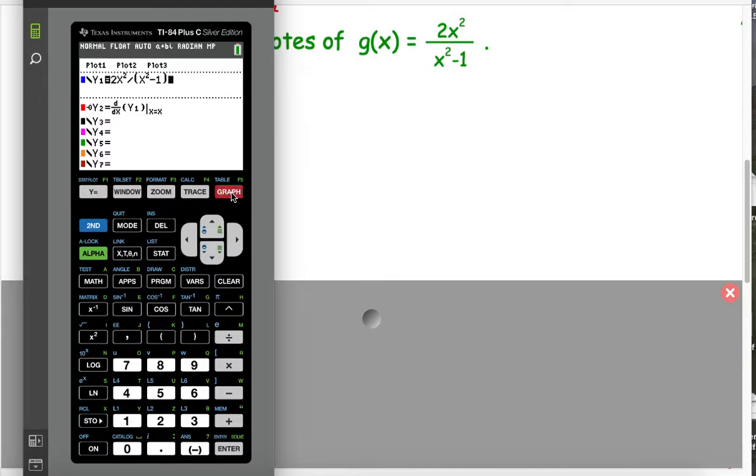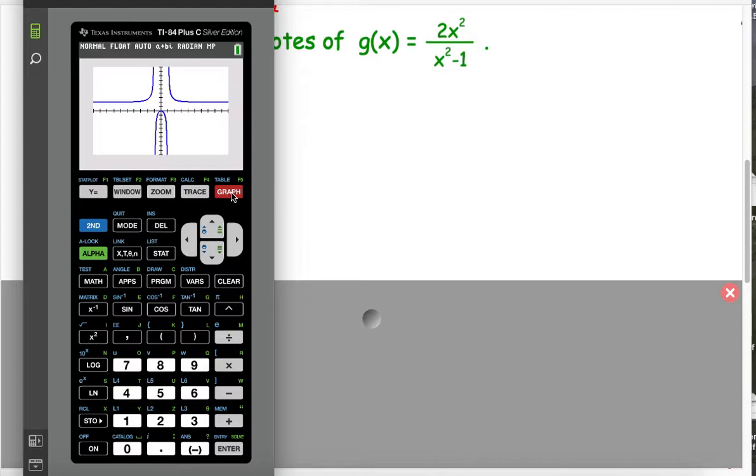All right, and graph. Now notice here, it looks like as x gets really big positively, as x goes to infinity, let's hit trace. As x is going out there, look at my y values, they're getting closer and closer to y equals 2. It seems like maybe y equals 2 is a horizontal asymptote.